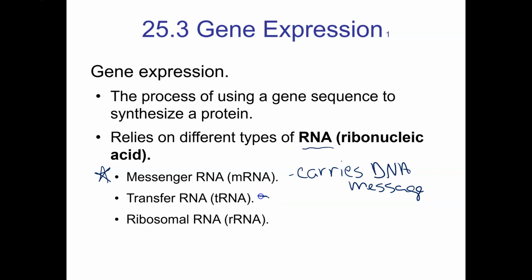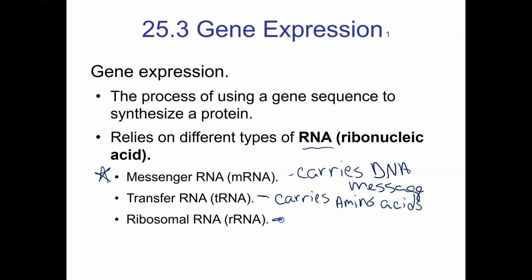Then we have transfer RNA that carries amino acids. And remember, what are amino acids? Amino acids are the monomers of protein. So when you get a lot of amino acids together, then you can produce those proteins.